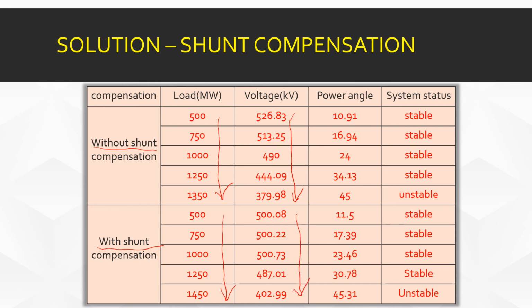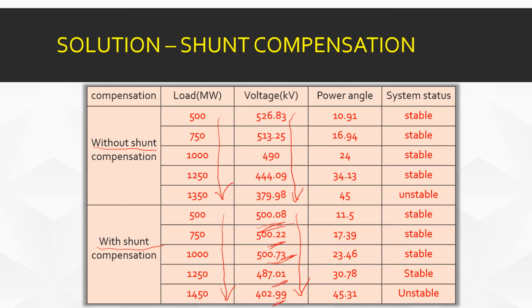Here the voltage is decreasing more. Here the voltage is decreasing very little. Here the voltage is almost maintained: 500, 500, 487, 402, like that.